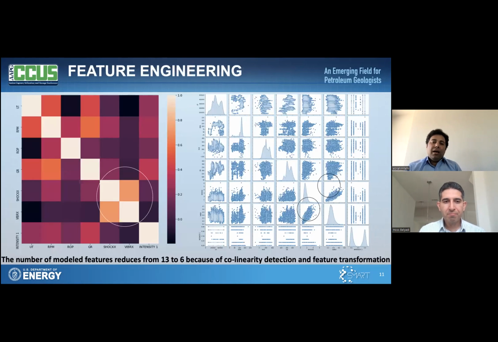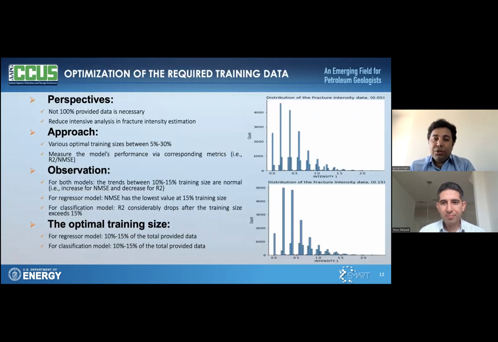And then obviously we had to do some feature engineering. We looked at the cross correlations, heat maps, which is basically the Pearson correlation coefficient. Just remember, this only shows the linear relationship between the parameters. We tried to eliminate the parameters which are highly correlated and shrink the number of features.